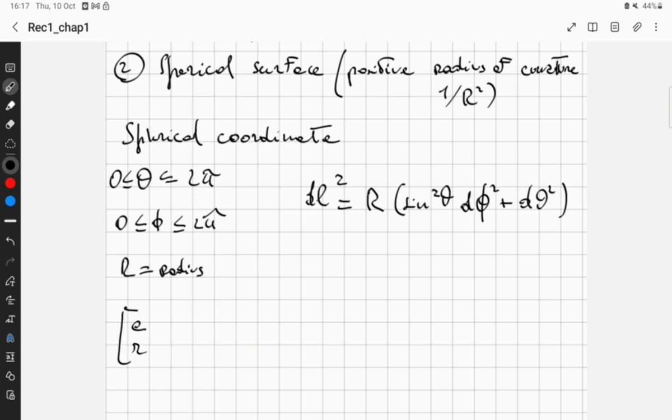So going back to the parameters we have defined before, a and r, we can write this in a form that is similar to the previous one.